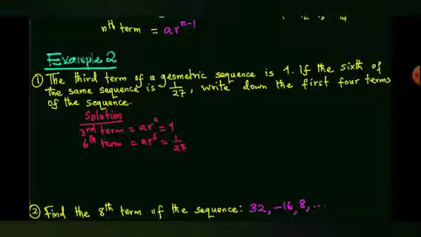Now, since we are dealing with ratios, we can get the ratio sixth term over third term. So we have A R power 5 over A R squared equals 1 over 27 divided by 1.